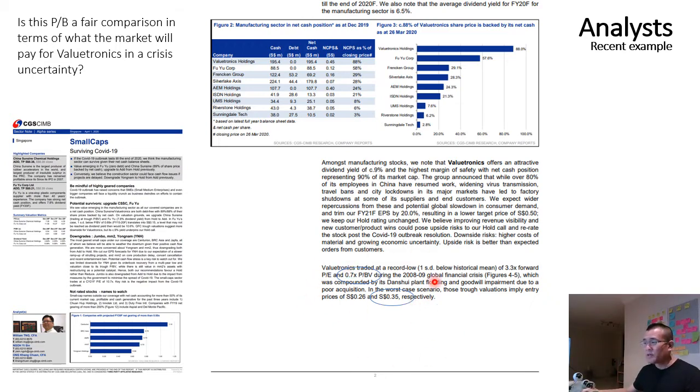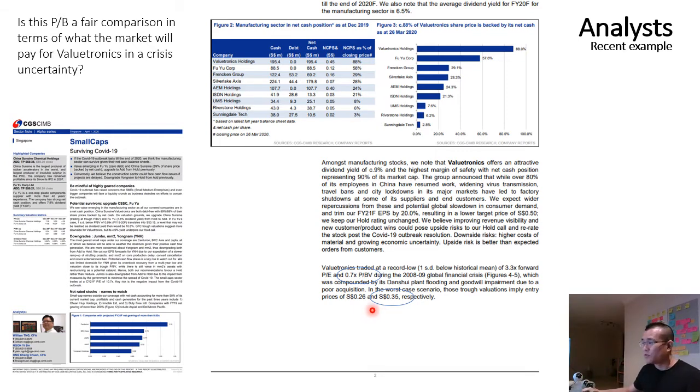He looked at 2009, the crisis, and he said, oh, at the lowest point, Valuetronics was trading at 0.7 times price to book. Okay, and then he said that if during the high crisis time it trades at 0.7 price to book, if you trade Valuetronics today at 0.7 times price to book, what stock price will you get?